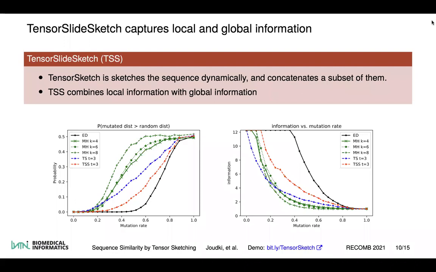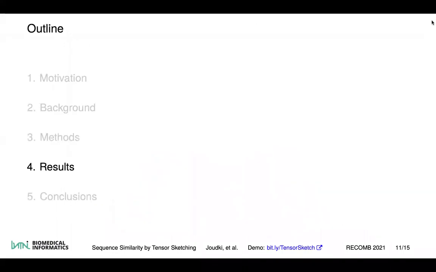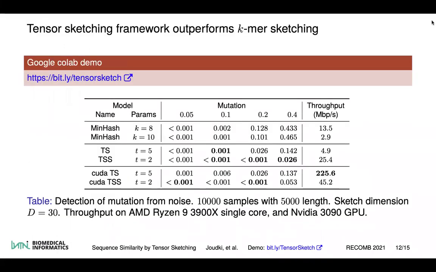Now, let us see basically how it performs in practice. And in terms of the speed, it's actually extremely fast. So for instance, on a single core CPU, Tensor Sketch and Slide Sketch are 5 and 25 megabase per second. And actually on a GPU, they're much faster.